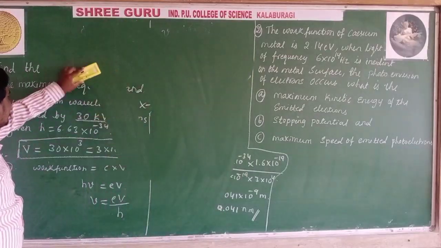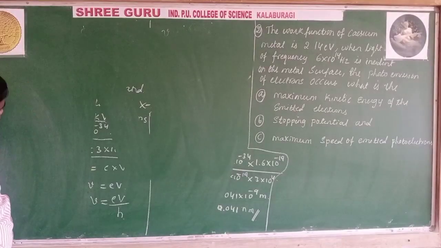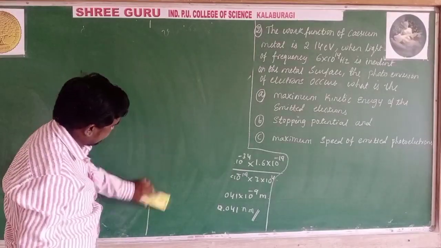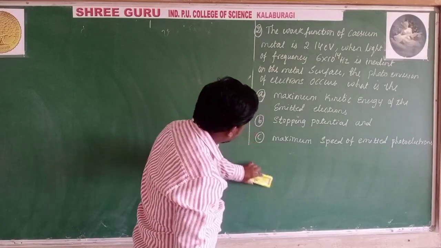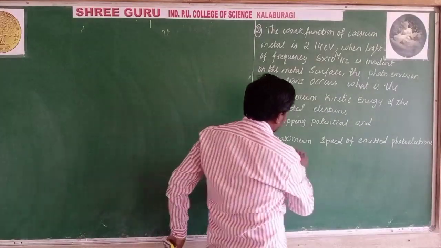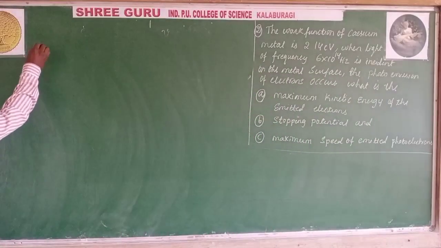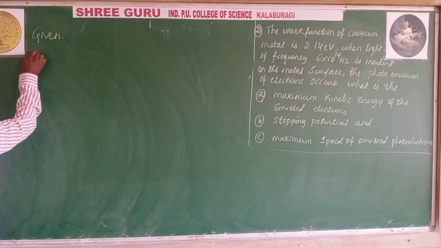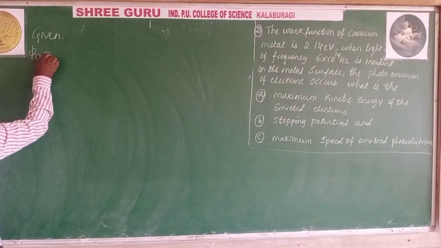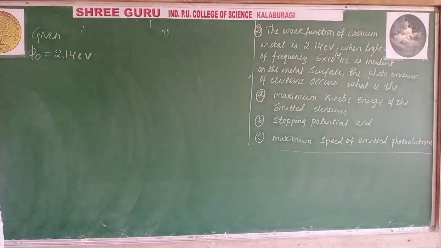First you write yourself what the given values in that question are. Work function of cesium metal: phi naught is equal to 2.14 electron volt.